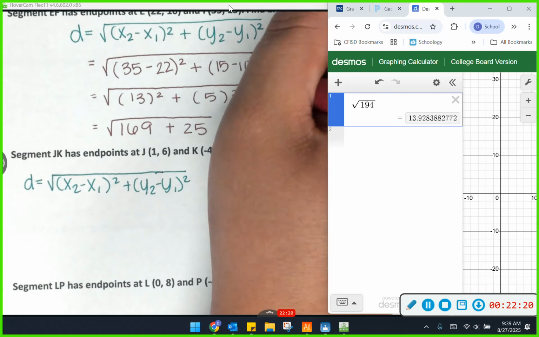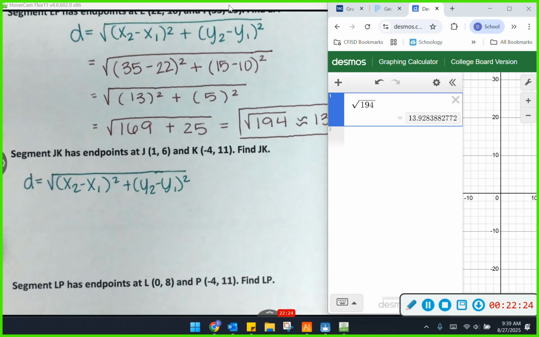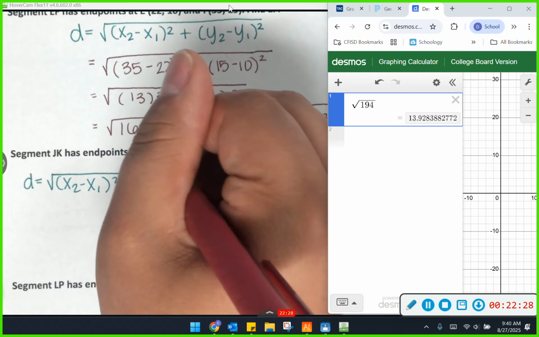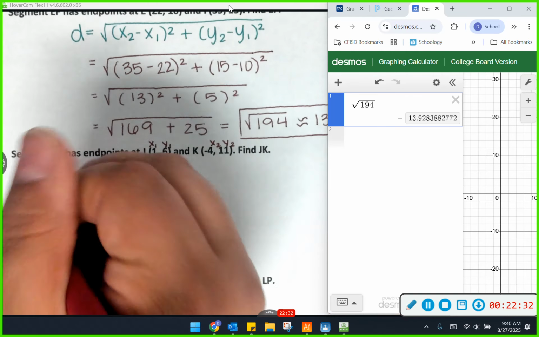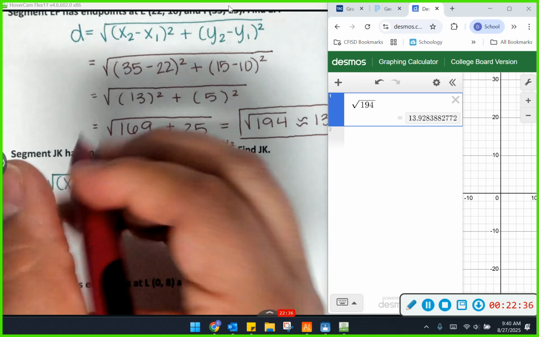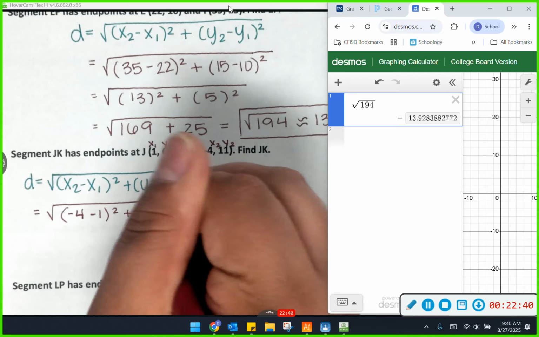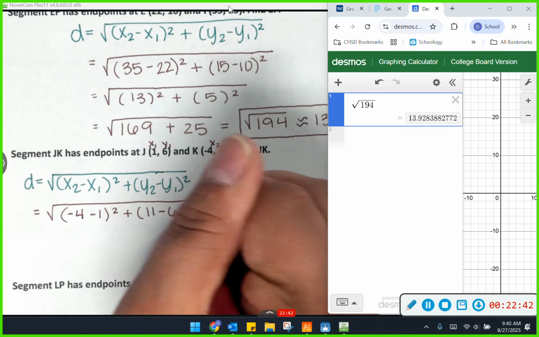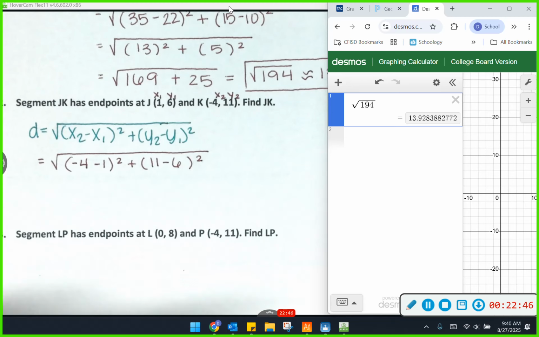You might get points off. And then you choose your x1, y1, x2, y2. Look up once you've plugged in just to make sure you're on the right track.